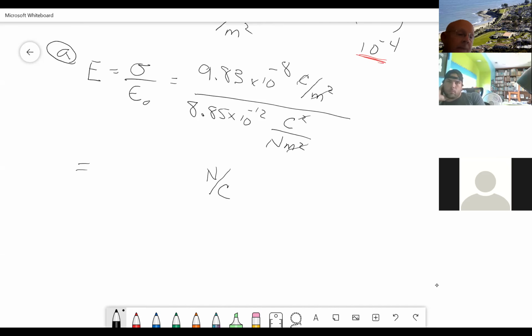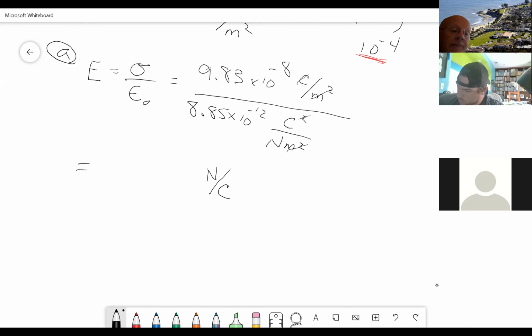So that feels good. As far as the numbers go, I have this number, the 9.83 times 10 to the minus 8, already in my calculator from the step above. So let me divide that then by 8.85 times 10 to the minus 12.